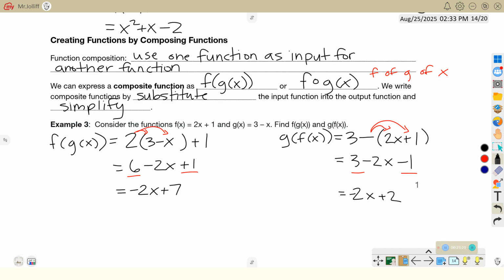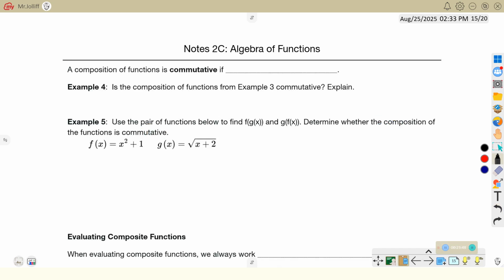When you have compositions of functions and you reverse the order of the composition, those resulting functions will be related. They will very rarely be the same. We have a special name for functions that give us the same result regardless of the order of the composition. Those types of functions are called commutative.